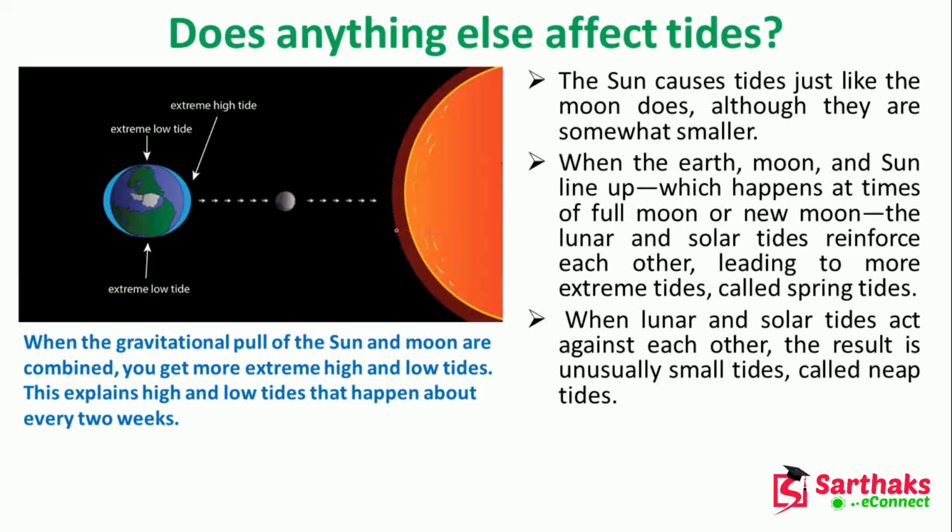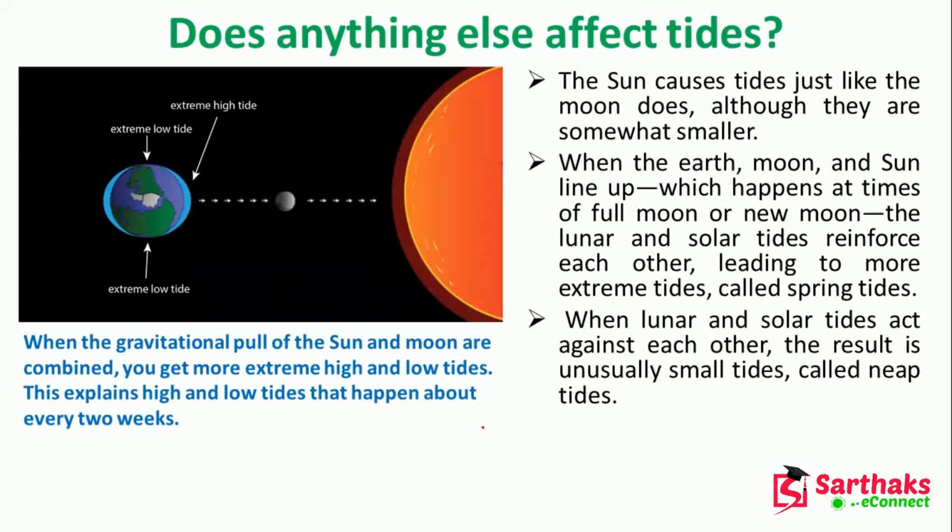When the earth, moon, and sun line up, which happens at times of full moon or new moon, the lunar and solar tides reinforce each other. And here, extreme tides occur, which are called spring tides. When lunar and solar tides act against each other, the result is unusually small tides. At that time, they are called neap tides.